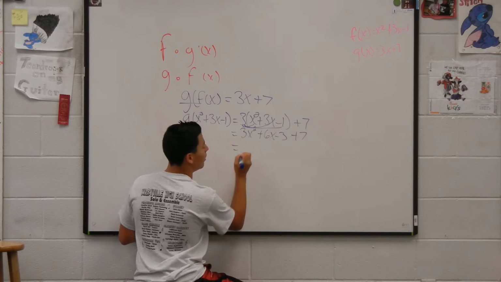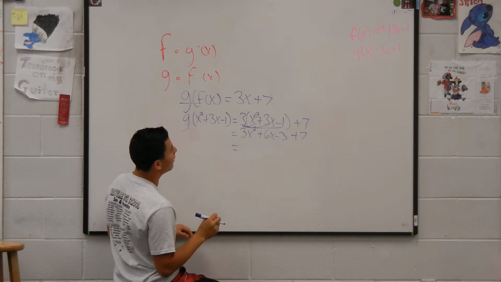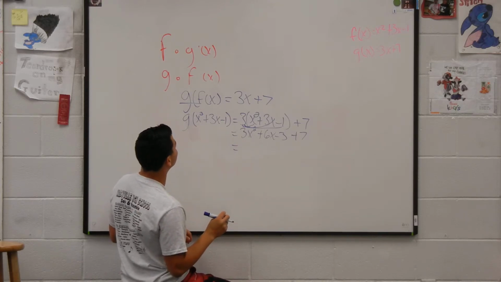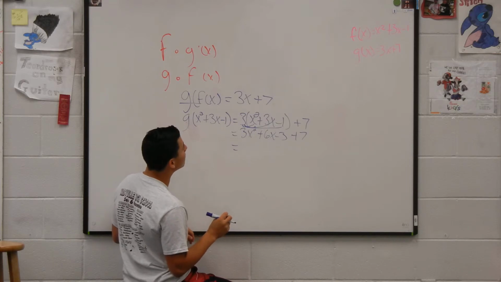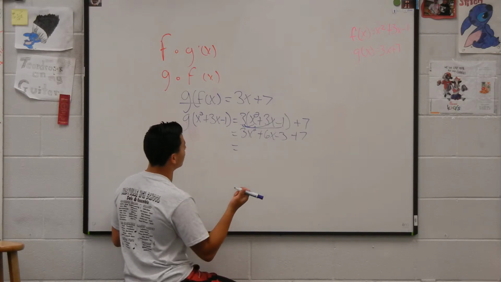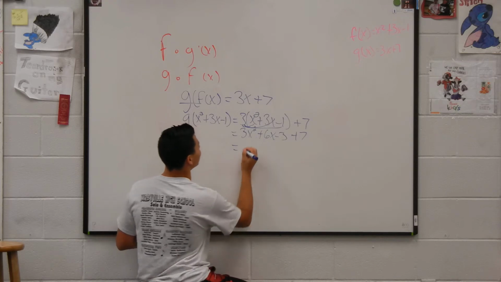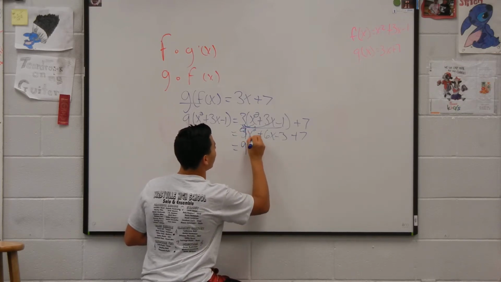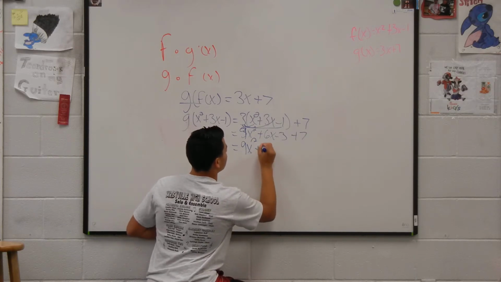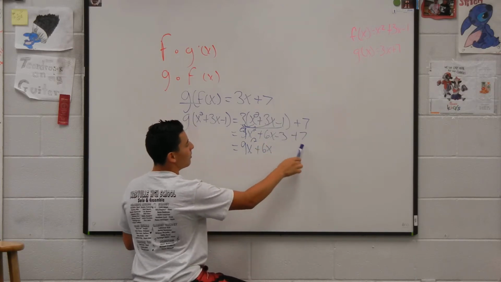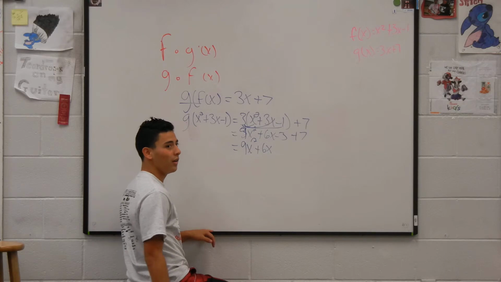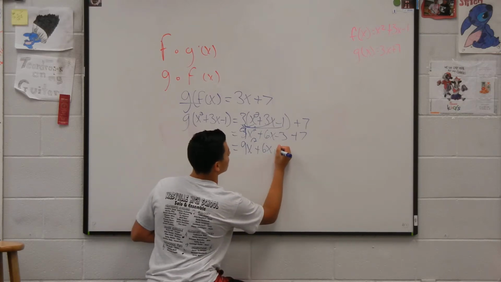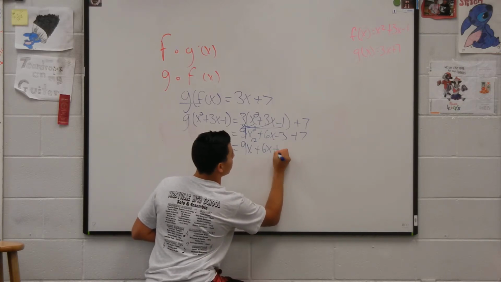And then you would just... it'd be 9x. Why would it be 9x? 3 times 3 is 9. It's 3x, I told you. Yeah, it would catch it. Good job. It's 9x. Okay, so it's 3x squared plus 9x and then minus 3 plus 7, which is plus 4.